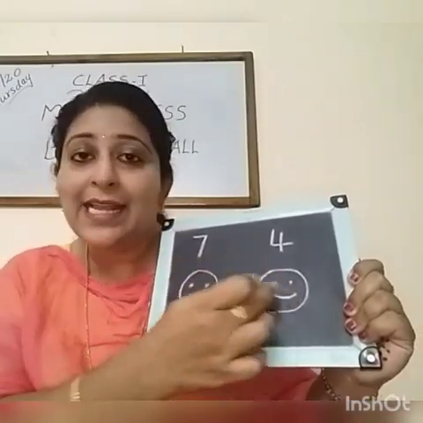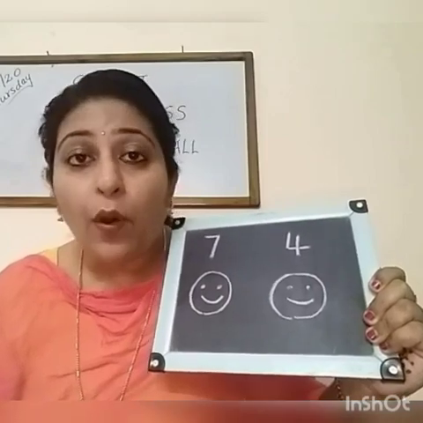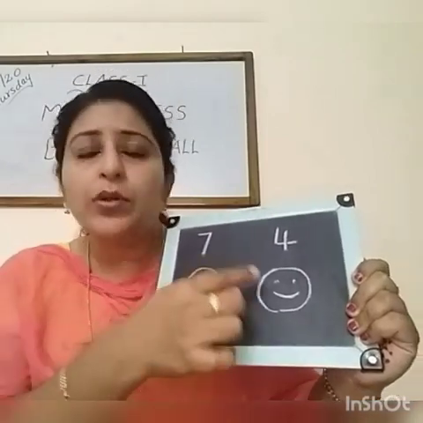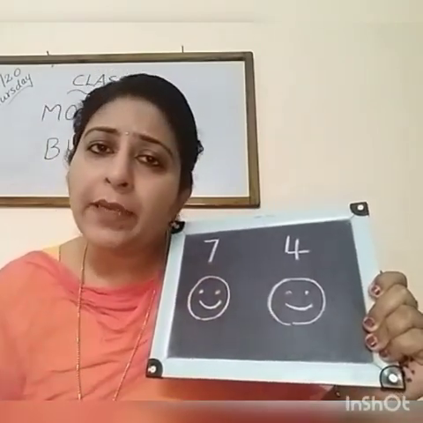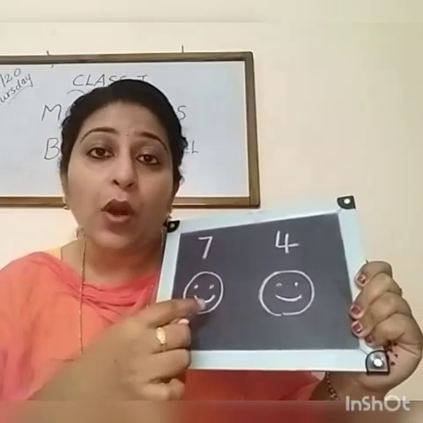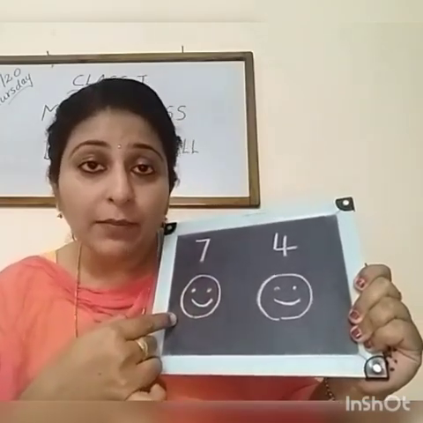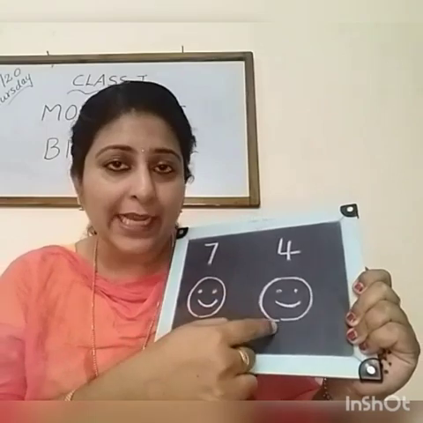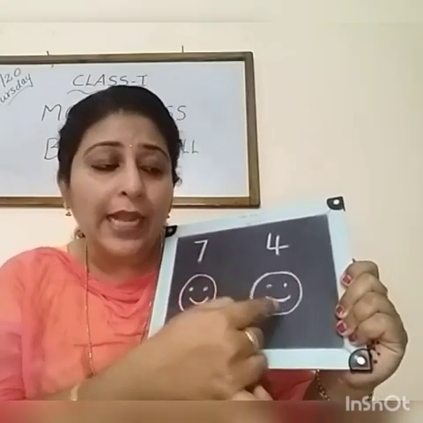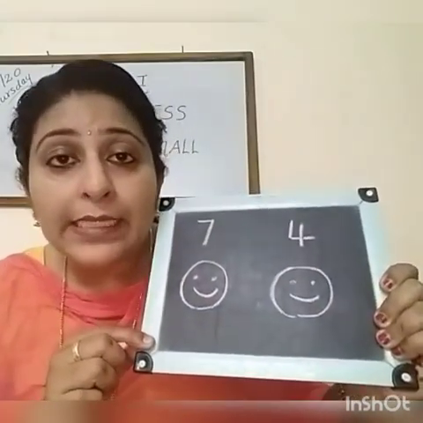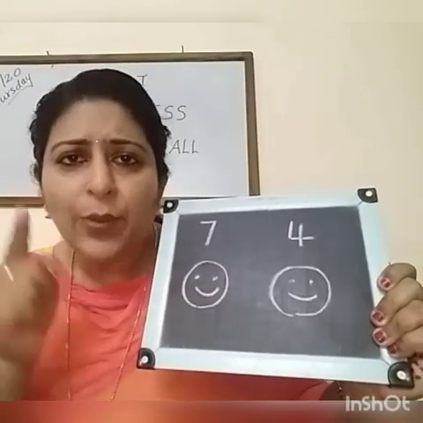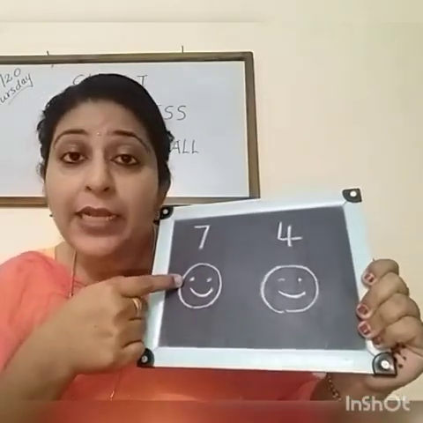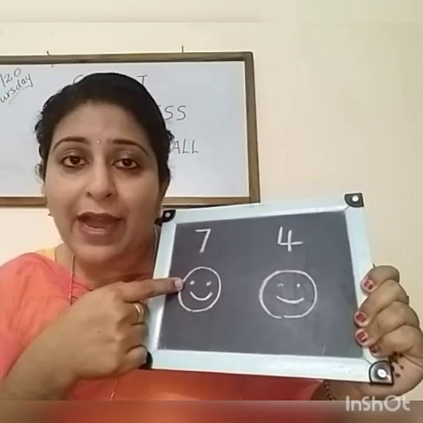And to the second child I gave 4 ice cream. Who got more number of ice cream? Which child got more number of ice creams? Yes, you are correct. First child got more number of ice creams.